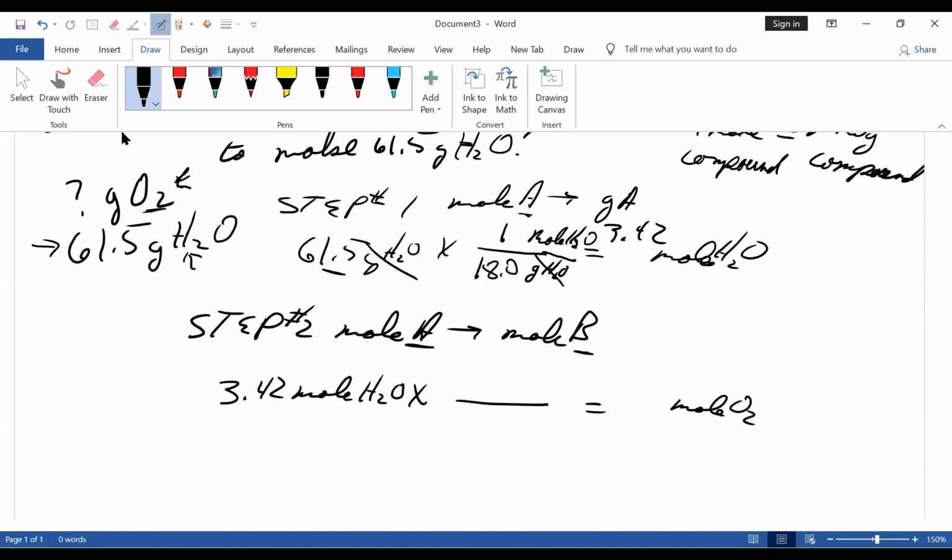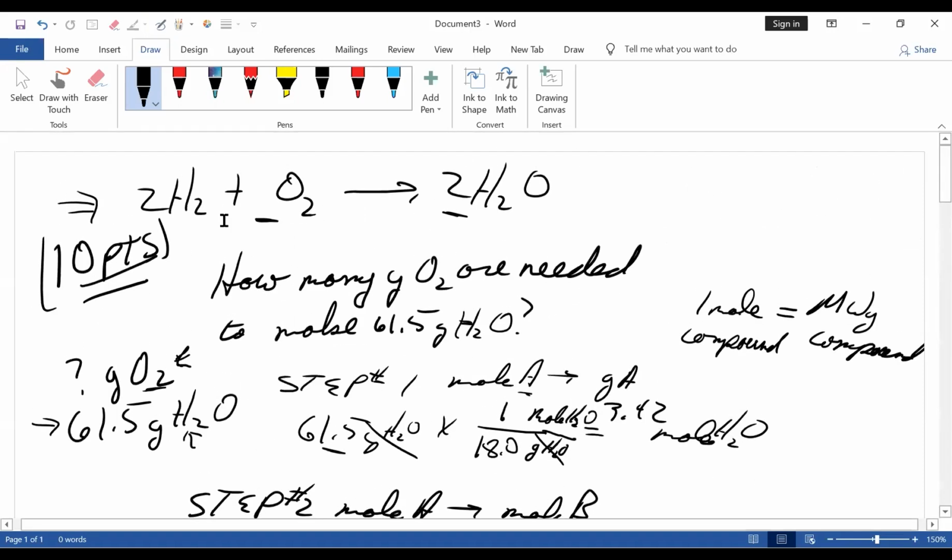And now I'll use my good buddy, my good friend. Yeah, I'm going to say this a lot. It's that important. Unit analysis, whatever I'm trying to get to goes on top of the ratio. Whatever I'm trying to get rid of goes underneath. And where do I get these numbers?